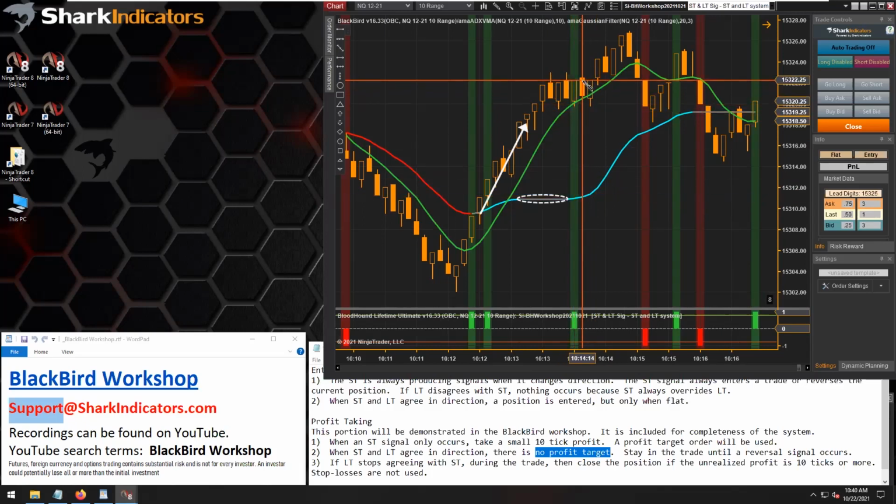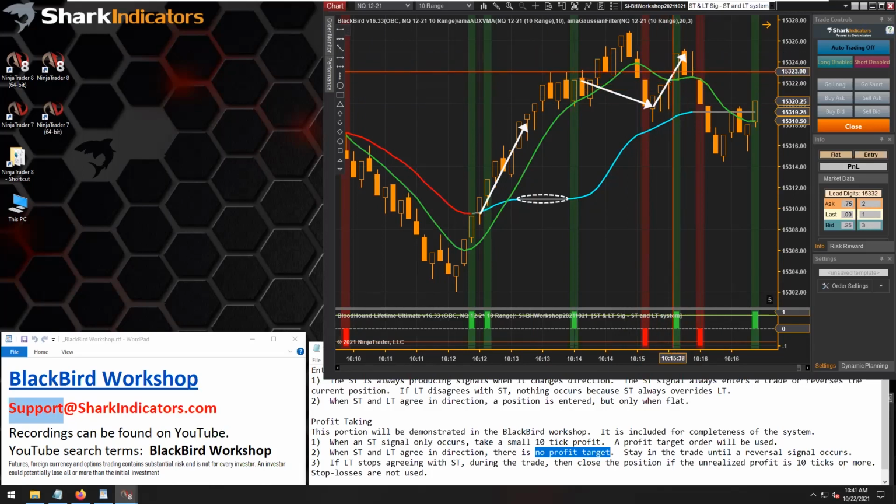And so you'd get into the trade somewhere around there. And then you would keep it open until this reversal signal occurs. And then that would close out somewhere around there, right? So this last one would be a bit of a loss, right? And then the short-term signal would then reverse, and then you would close out right there.